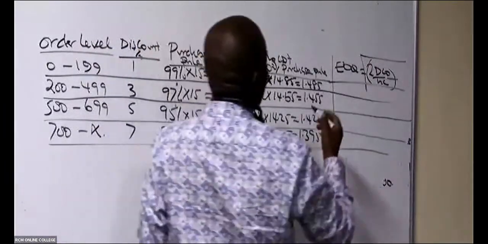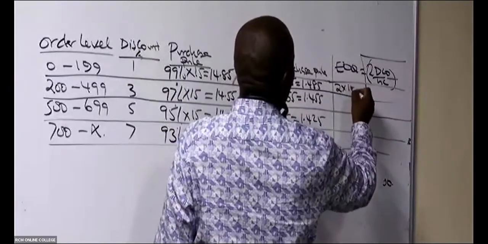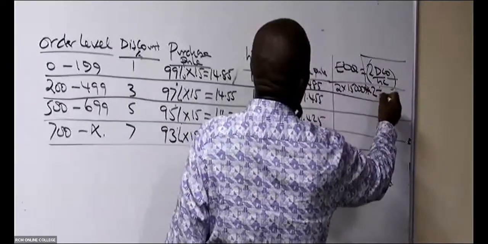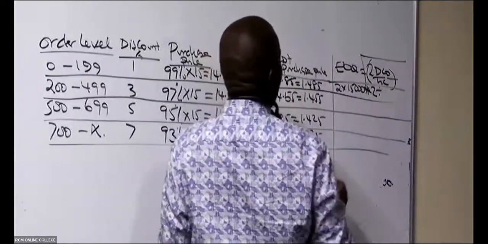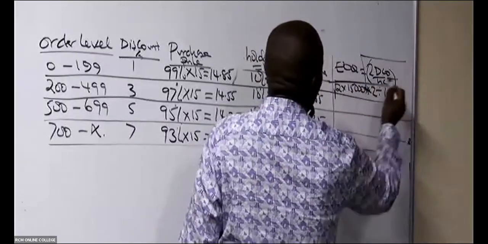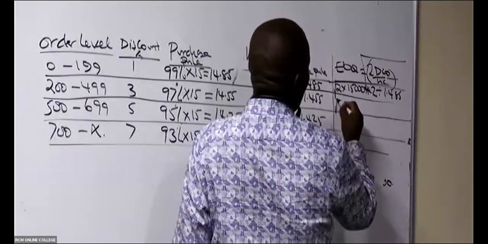So it will be 2 times 15,000 times cost per order, given as 2, divided by the holding cost here, which is 1.485. And then I take the square root, of all of them.